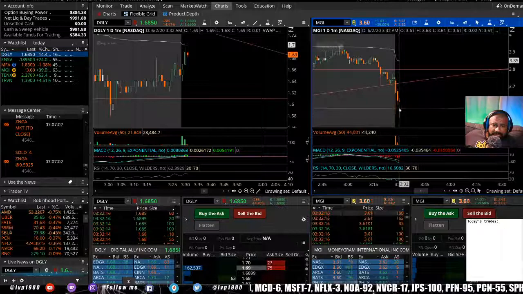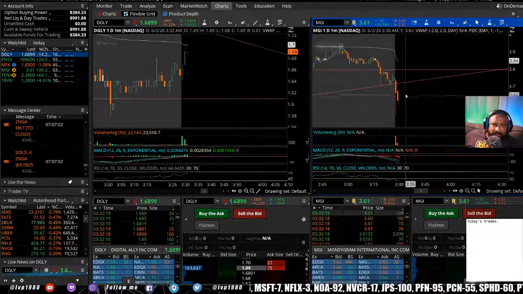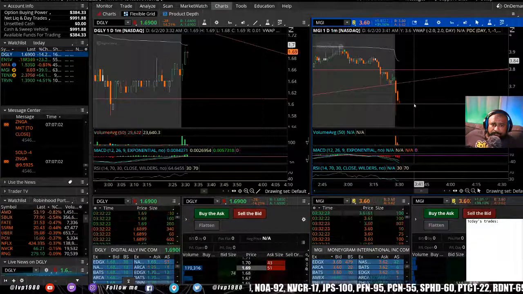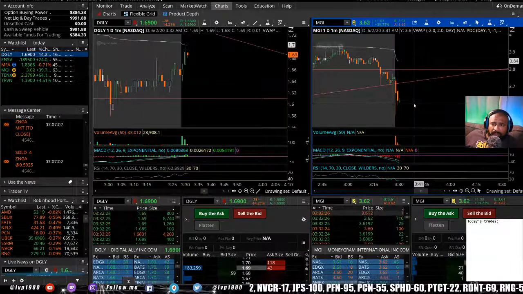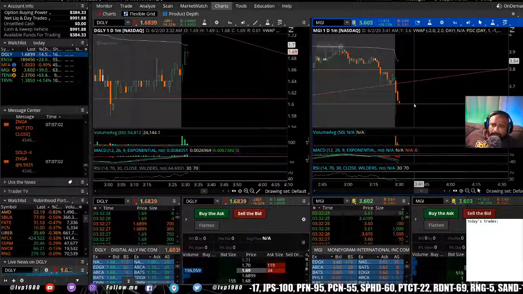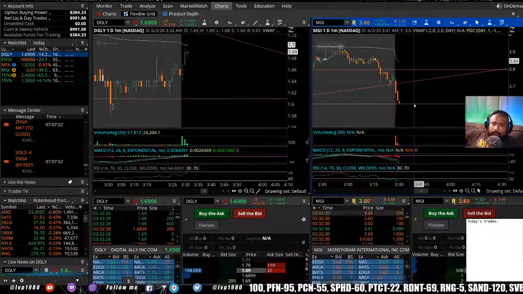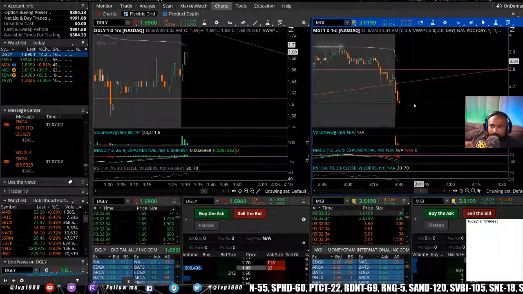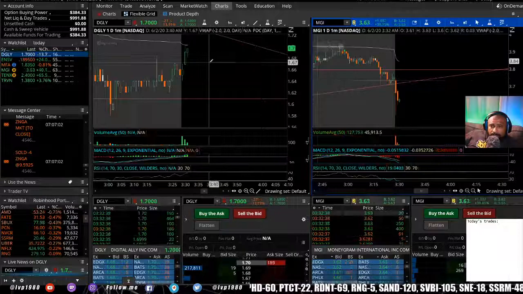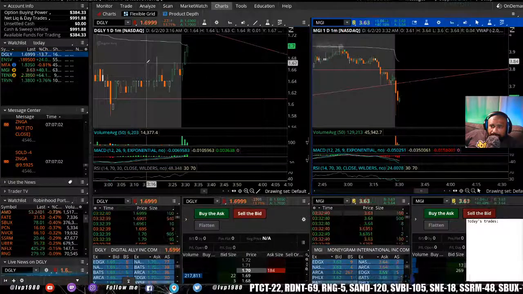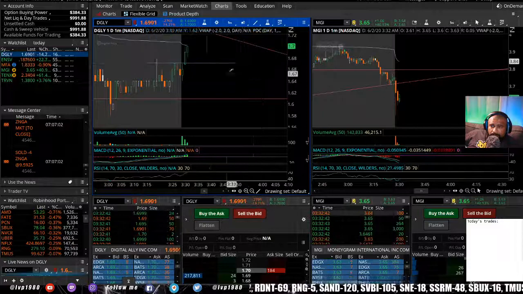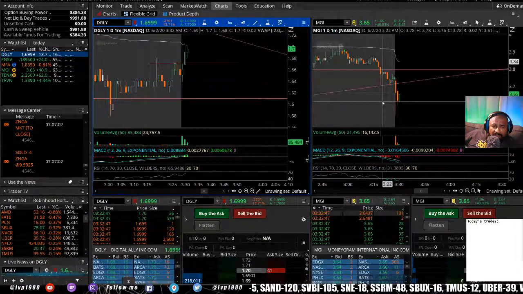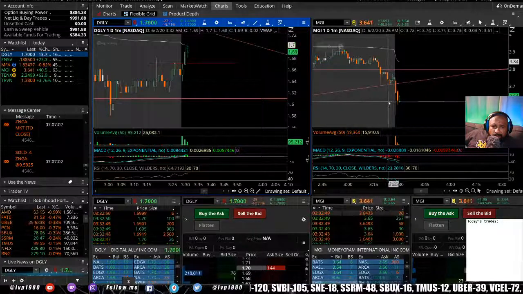See, this one's higher lows, so we're hoping that it'll bottom out pretty soon. This one's starting to push up. This one seems like it might bottom out here.